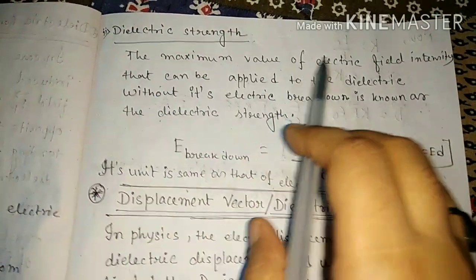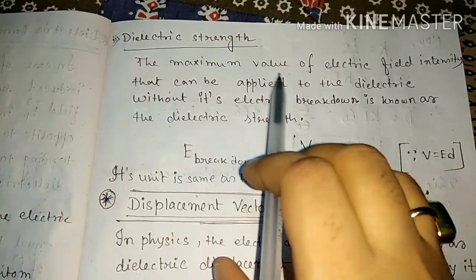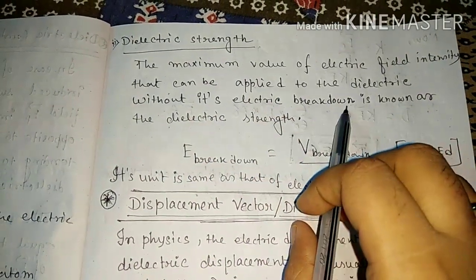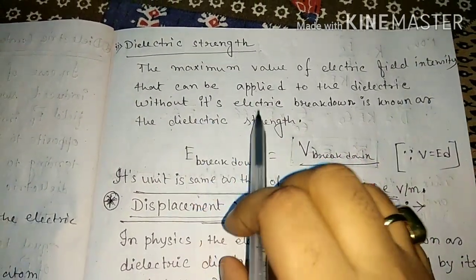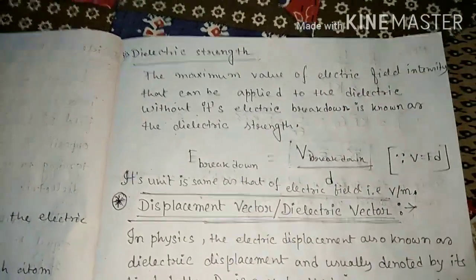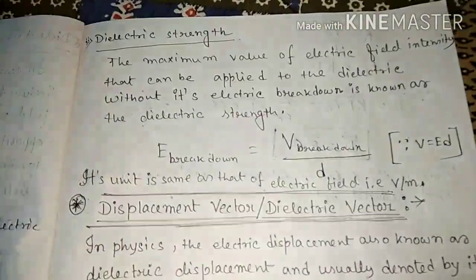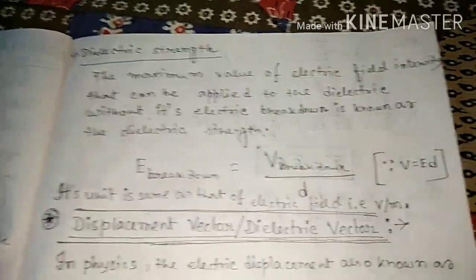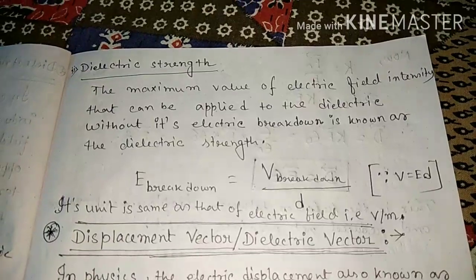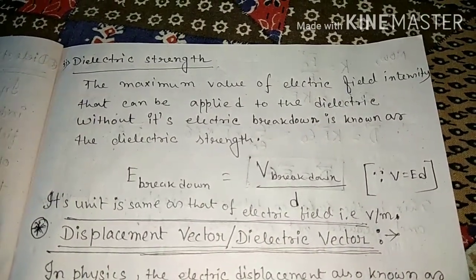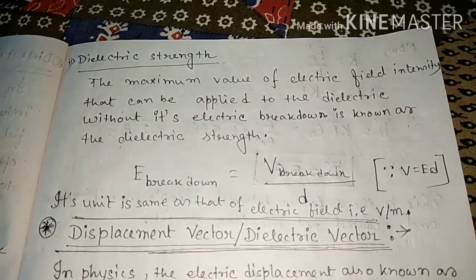The maximum value of the electric field intensity that can be applied to the dielectric without its electric breakdown is known as dielectric strength. That means when electric breakdown has not started, when 299 Newton per Coulomb is applied, electric breakdown has not started. So 299 is the maximum value, because after 299, when we apply 300 Newton per Coulomb electric field, electric breakdown starts.